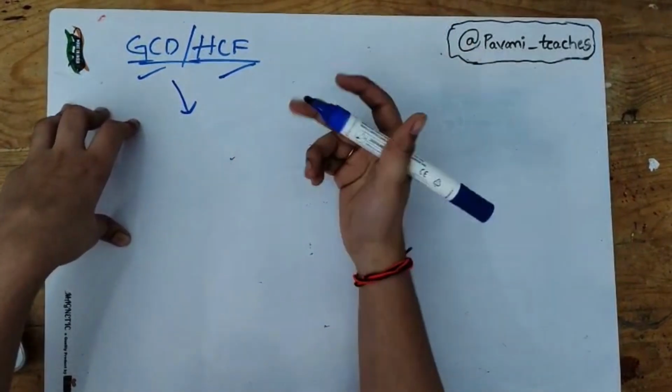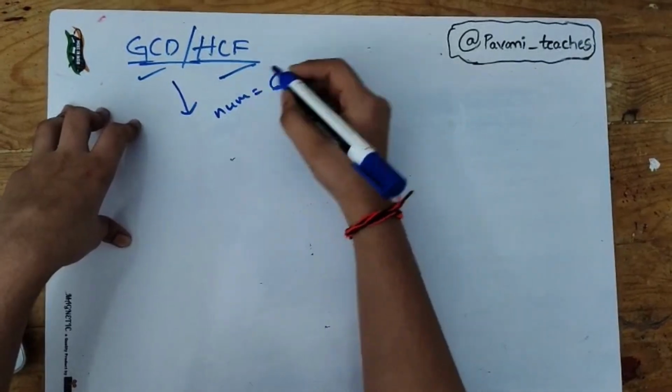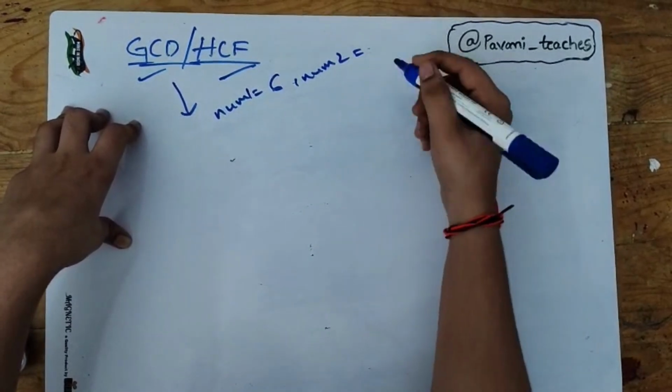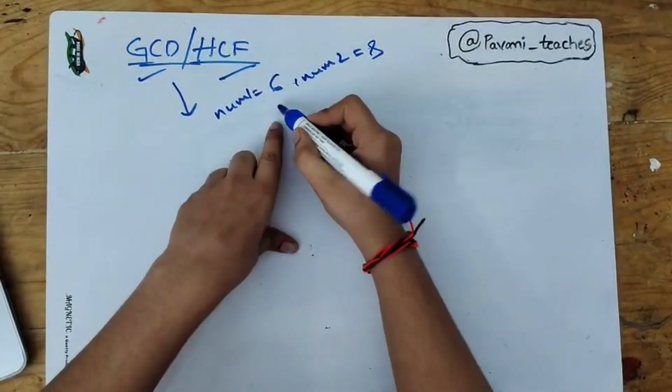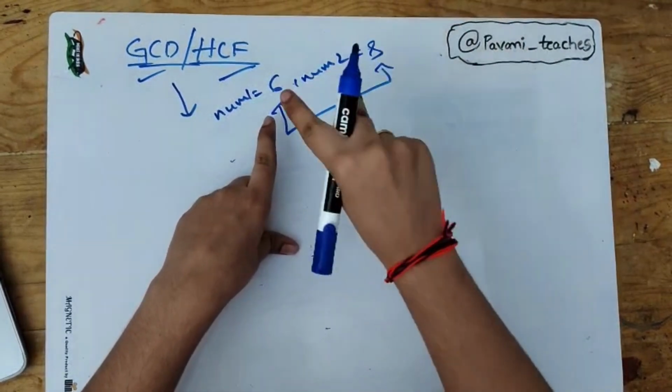That means if we have two numbers, like num1 is equal to 6 and num2 equal to 8. Now, what is the greatest common factor these two will have?